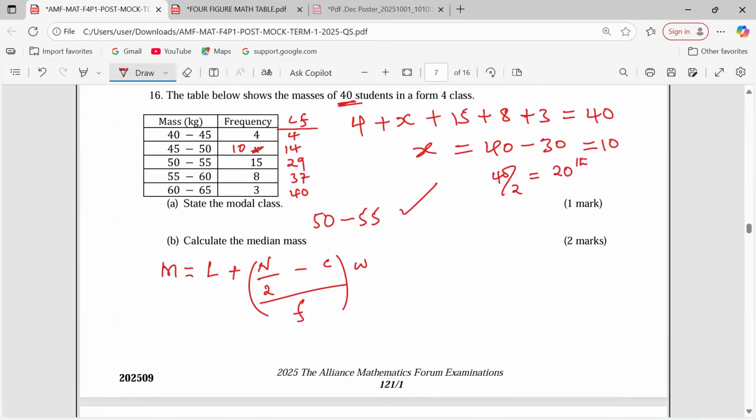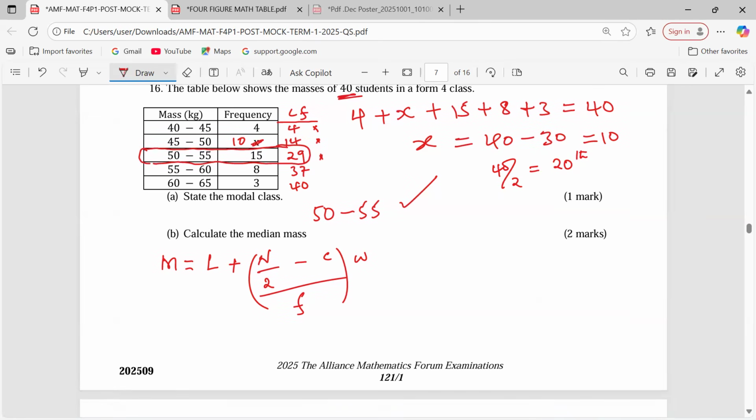We consider the cumulative frequencies to establish the class that carries the 20th student. This is 4, this is 14, then here 29, meaning that the 20th is within this class. So the median class is the class 50 to 55.